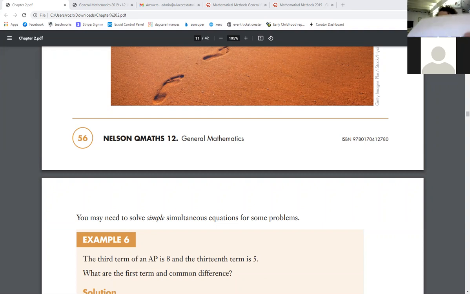So the reason I would write it like this, equation 1 is the third term, so we know it's n minus 1, so it's 2. Equation 2, it's the 13th term, so we would have 12D.